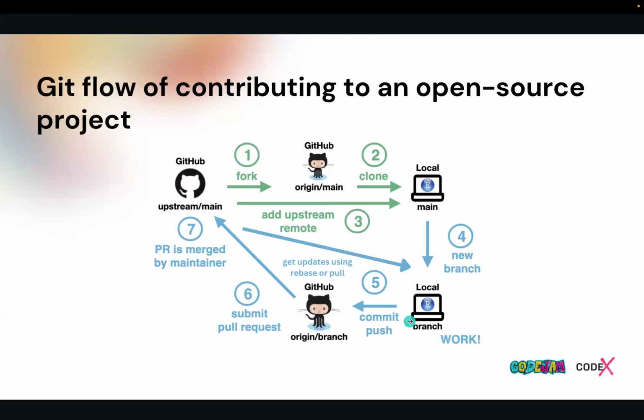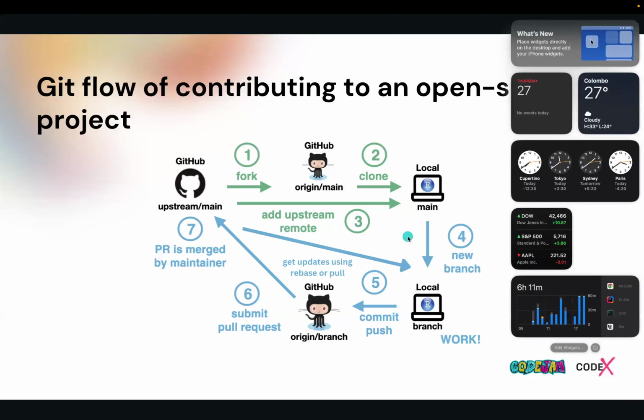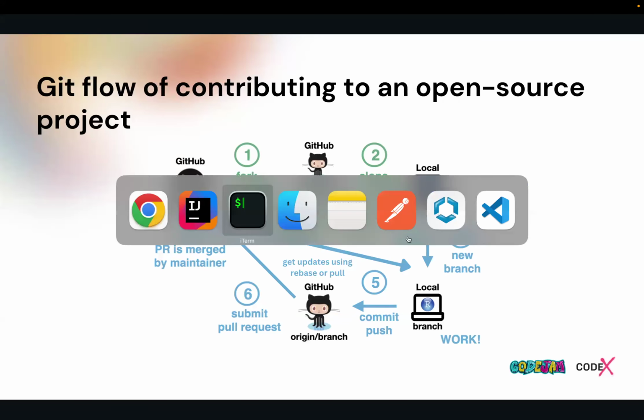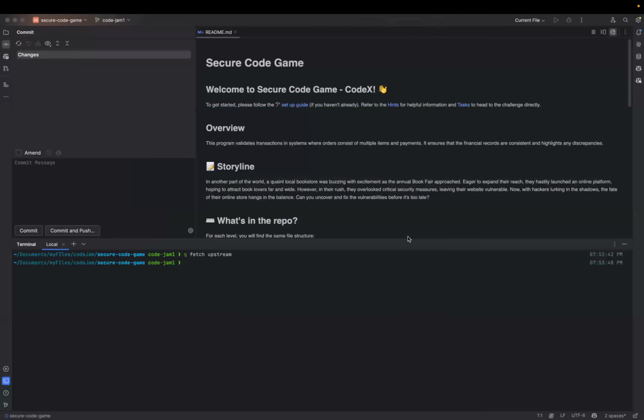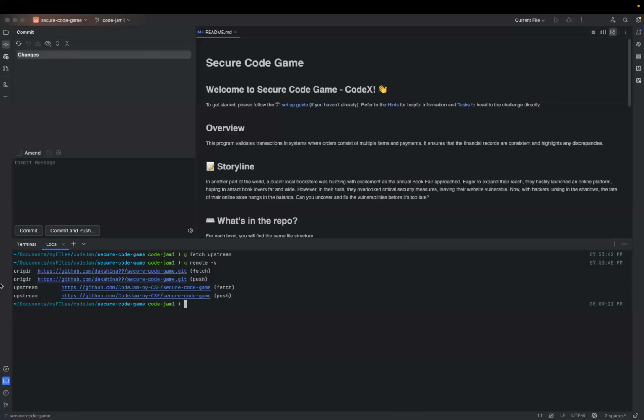Let's say, like in this diagram, you are making changes in your local repository, in your local branch, and you are sending them to some kind of remote. In that sense, origin is also this kind of remote. In the IDE you saw, when we hit git remote -v, there's no difference between the origin and the upstream.